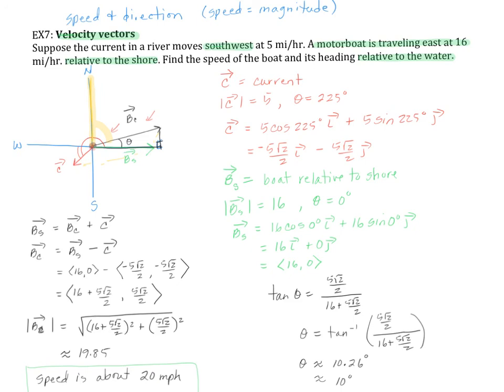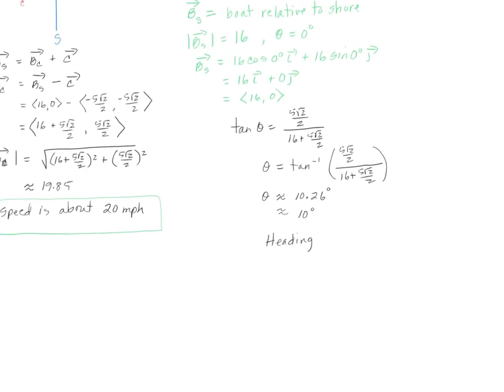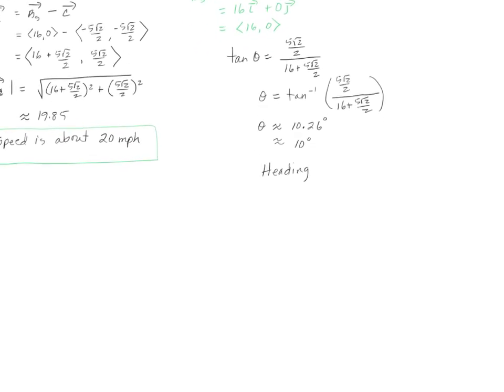Now, since the theta that I found was approximately 10, that tells me that this angle theta that I'm looking at is going to be, out of 90 degrees, about 80. So we're going to go north 80 degrees east. That would be our heading. So always north or south first, then the degree that you're going in direction would be east or west. And in this case, it would be east.